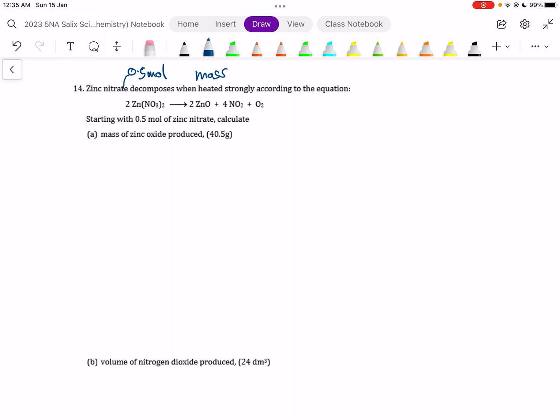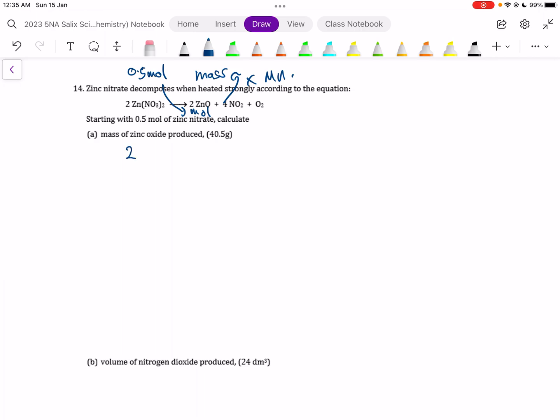First thing you do is to find how many moles of zinc oxide, then after that multiply by the Mr. Because this is already in mole, so slightly easier.